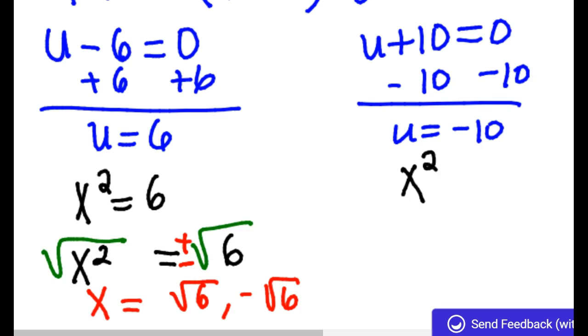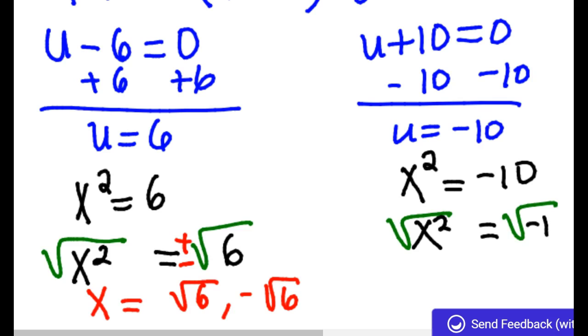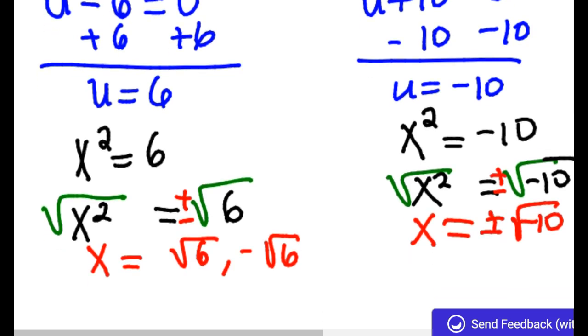Again, u is x squared, so x squared could equal negative 10. We undo the squared by taking the square root of both sides, and that tells us x equals plus or minus the square root of negative 10.